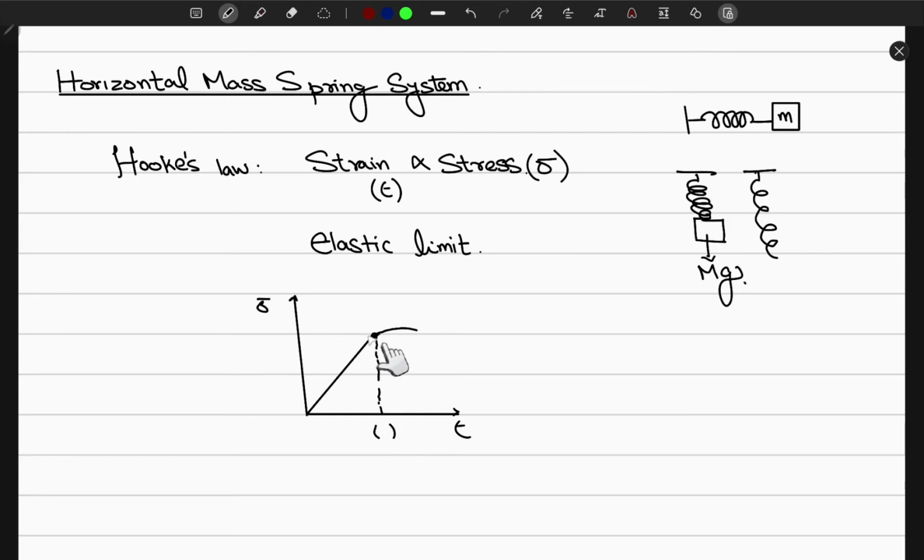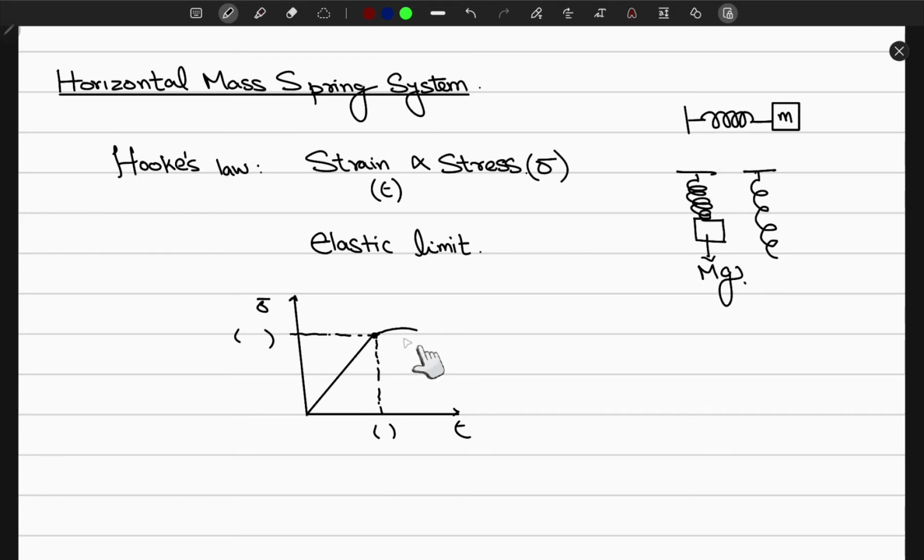whatever value is here and whatever stress was applied. So by looking at these graphs, you can see at which applied stress I will break this elastic limit.